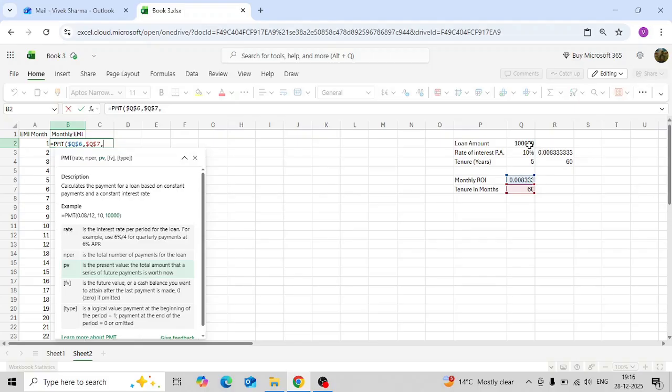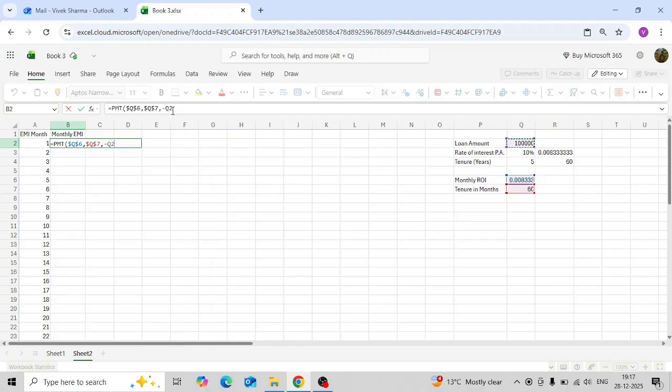So obviously it's nothing but the loan amount. We want the monthly EMI to be a positive number, so we use a minus sign before the loan amount so that we can get a series of monthly EMIs as positive numbers. This number should also be frozen.